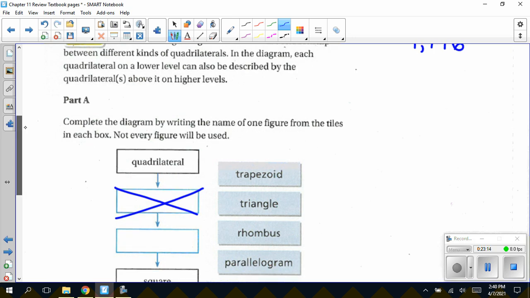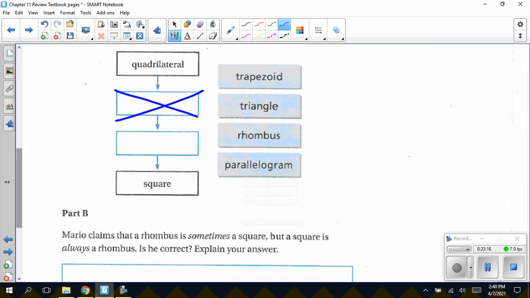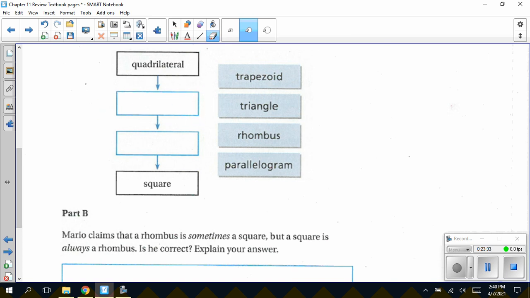So we know that we are starting with the quadrilateral. My picture is different. I'm so sorry. So I do not need to take that one away. So for this picture, I have the quadrilateral, and we are going straight down.